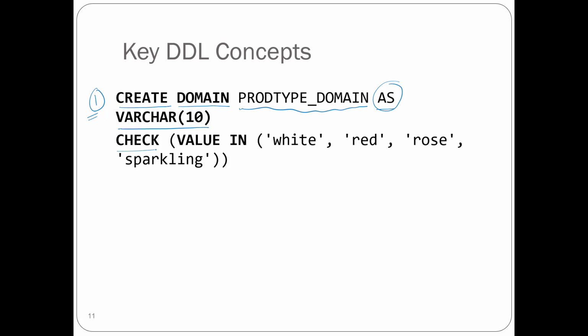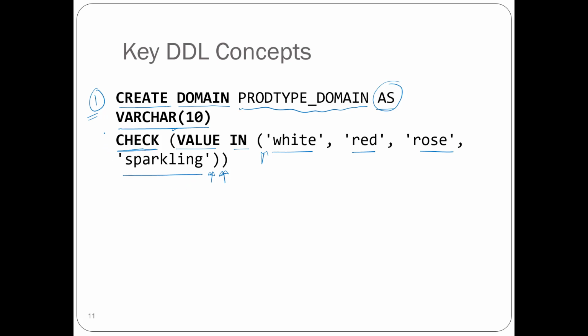And then we are using the keyword check. The purpose of check is to make sure that the condition inside these parentheses is satisfied. Along with check, inside the parentheses, we are using the keyword value in, and then another pair of parentheses with these values: white, red, rose, and sparkling. These are all strings.